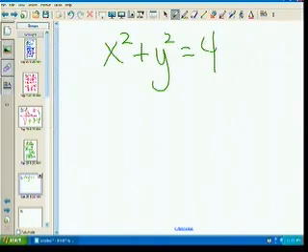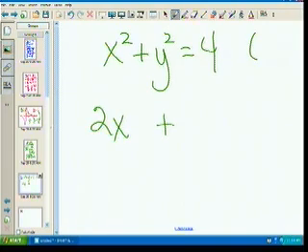What's the derivative of x squared with respect to x? 2x. I'm going to leave some space there in case somebody has a question that I'm anticipating. What's the derivative of the second thing with respect to x? 2y dy/dx. Okay, now if the y is bothering you, here's what it is.